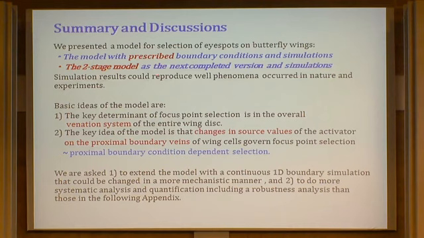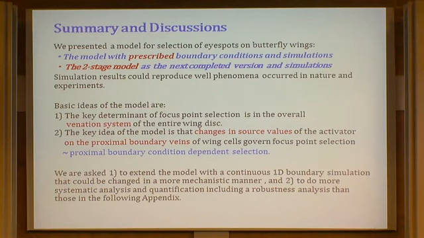The basic idea of the model is that the key determinant of focus point selection is the overall venation system of the entire wing disk. The second key idea of the model is that change in source value of the activator on the proximal boundary vein governs focus point selection. So we call this proximal boundary condition dependent selection. Okay?